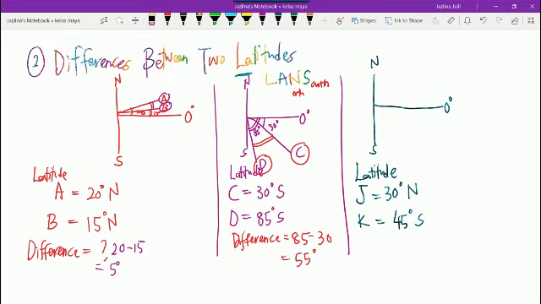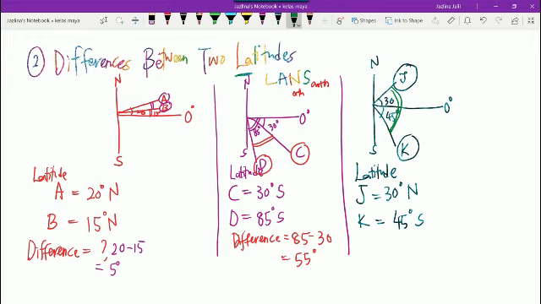So J, back to our question, J is 30 degree north and K is 45 degree. Okay, this will be 45. Okay, so now what is the difference between this J and K? Yes, you must know this angle.